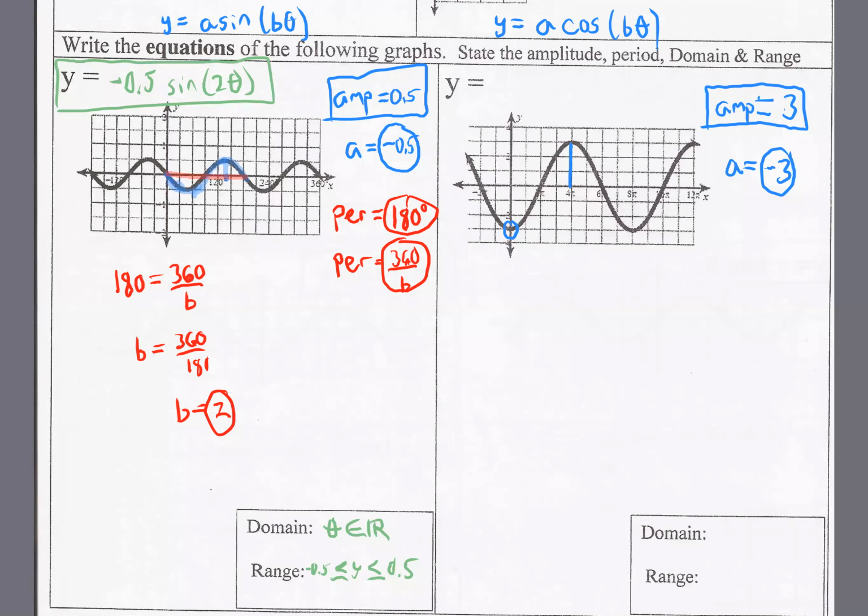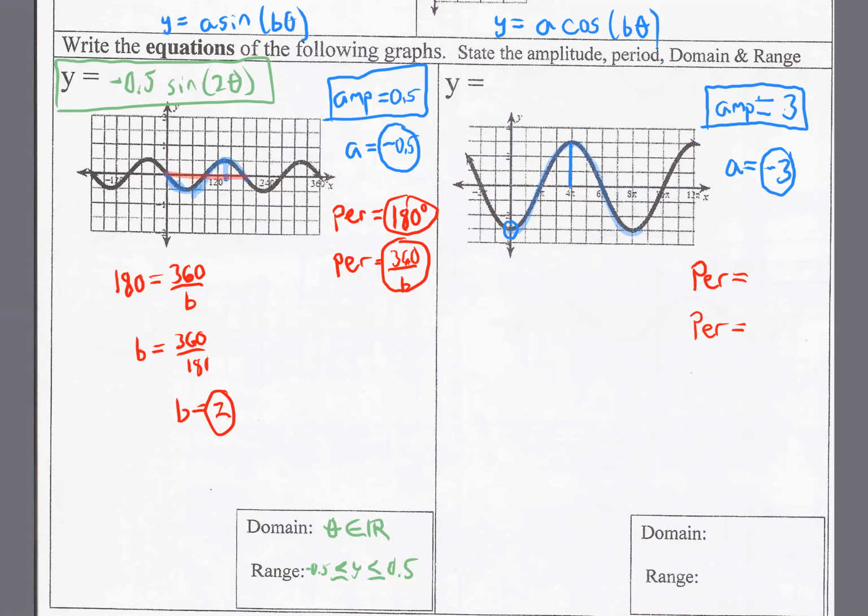So I'm going to write 2 different formulas for the period. First things first, for my cycle, it's going to go min, 0, max, 0, and then min. I want to know the horizontal distance I traveled here.